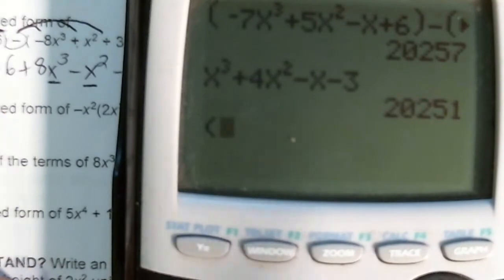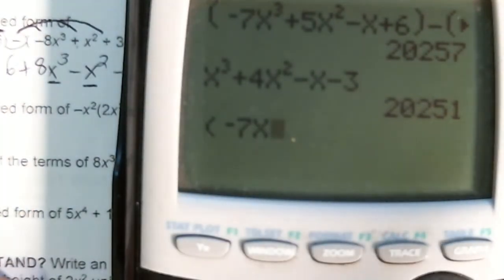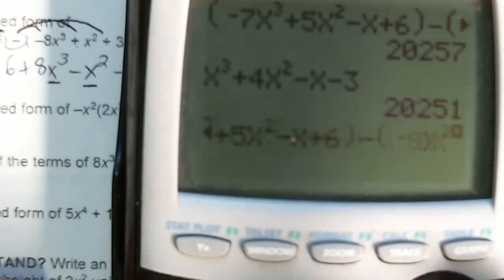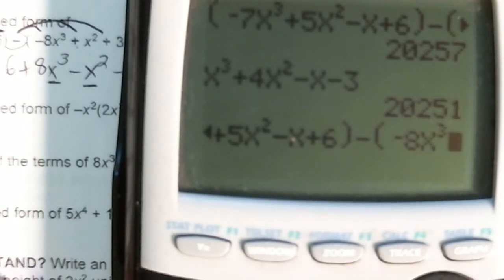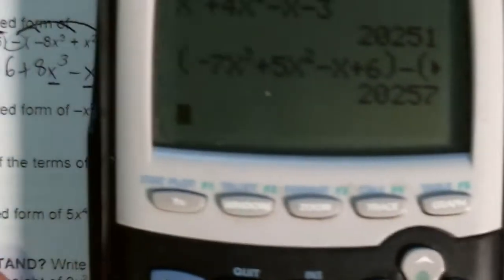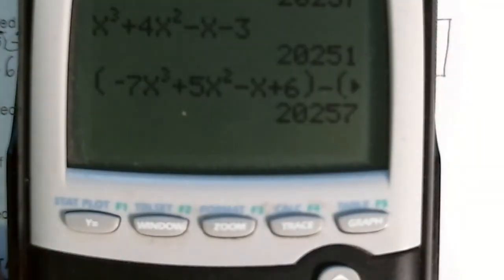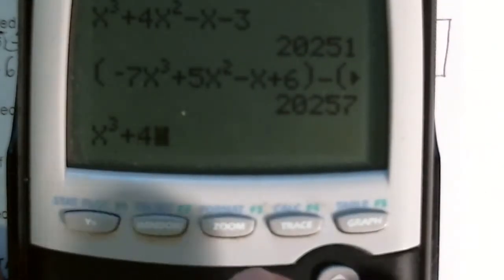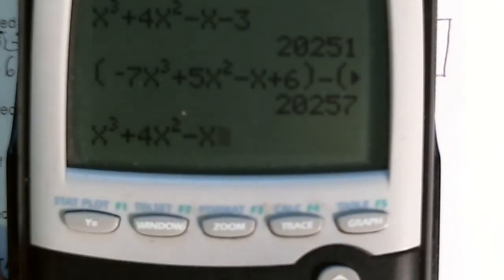Parentheses, -7x raised to the third, drop the cursor, plus 5x squared minus x plus 6 minus -8x cubed, drop the cursor, plus x squared plus 3. Okay. And then our final answer, x raised to the third plus 4x squared minus x.